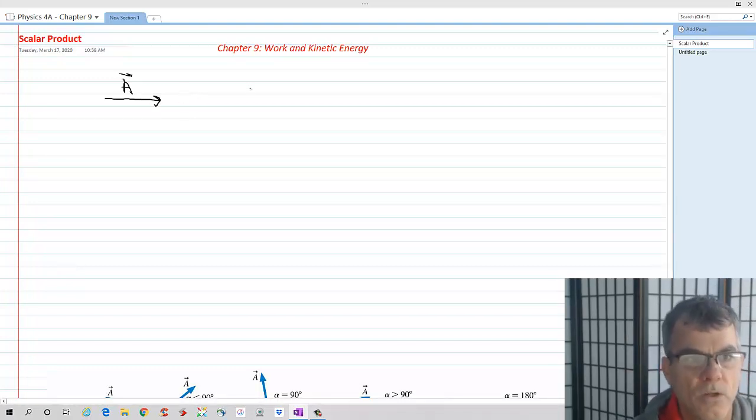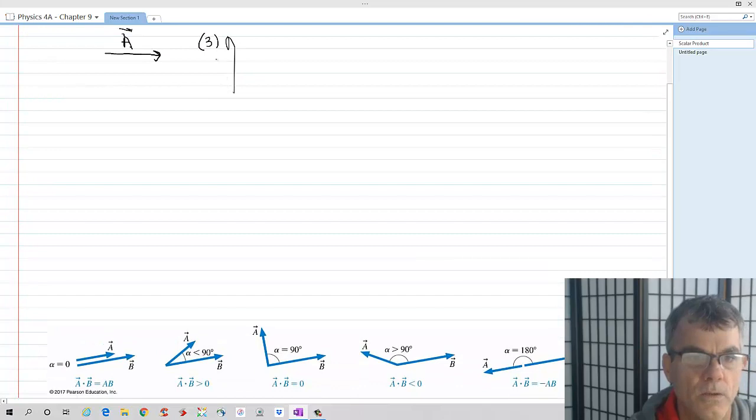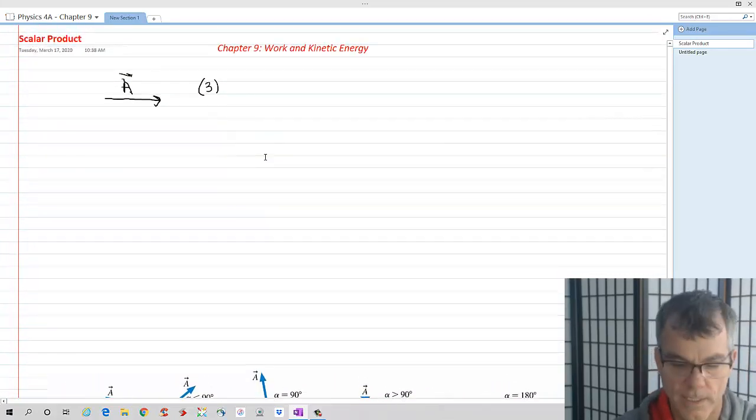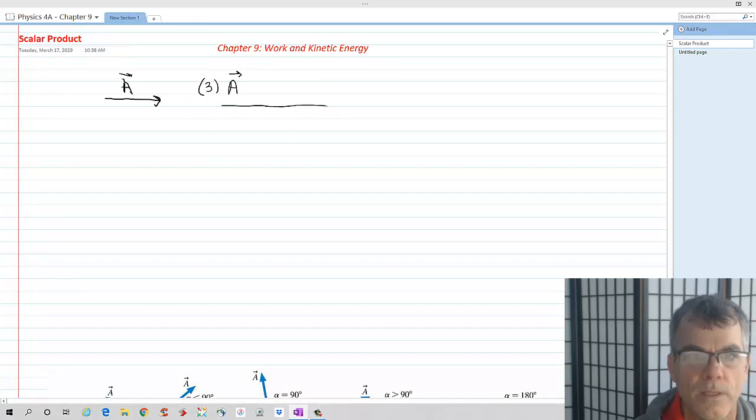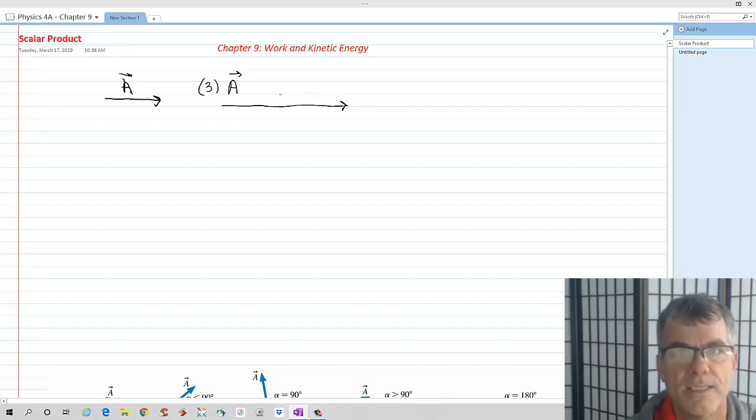So if I have a vector quantity, and let's say I multiply it by a scalar. So if I did 3 times vector A, that's just going to be the same direction as vector A, but 3 times as long. So if A pointed to the right, and let's say A was a force vector of 10 newtons, 3 times A would just be the same direction as A, but 3 times as long.